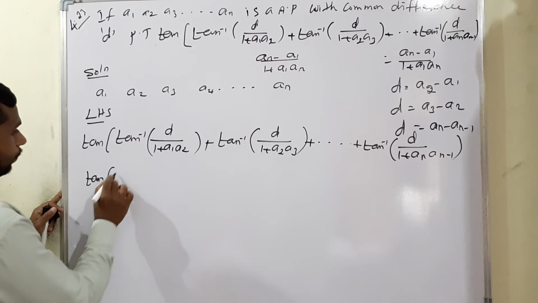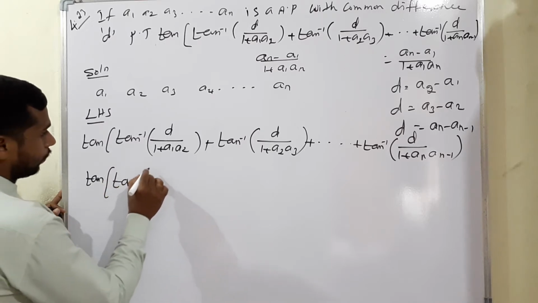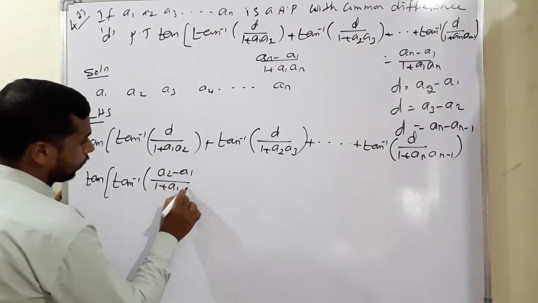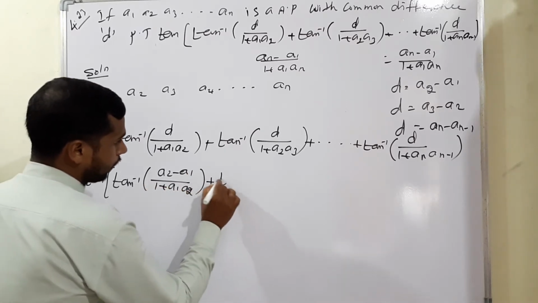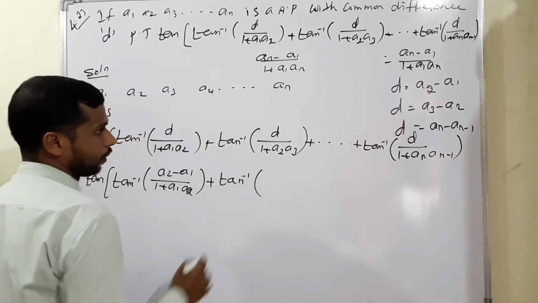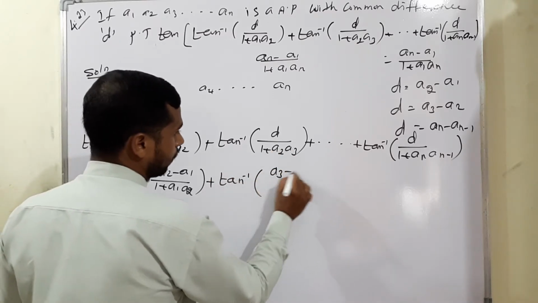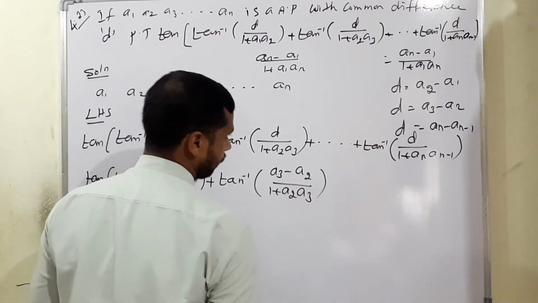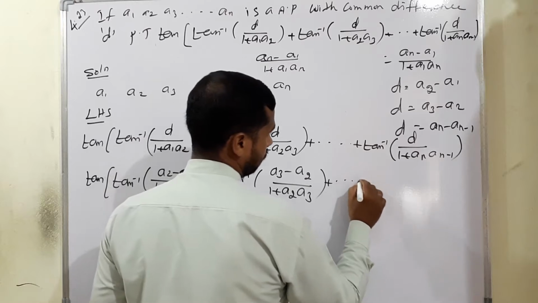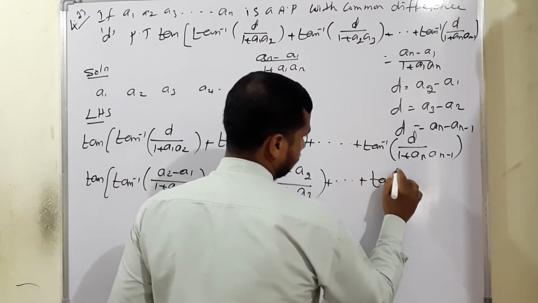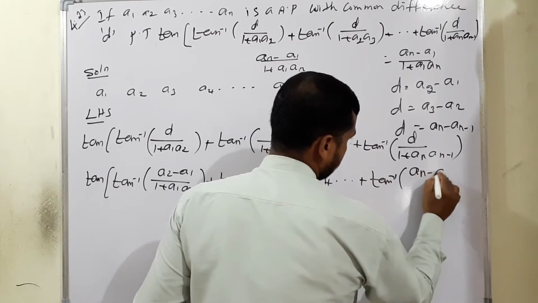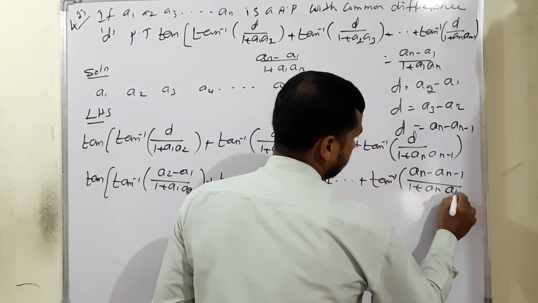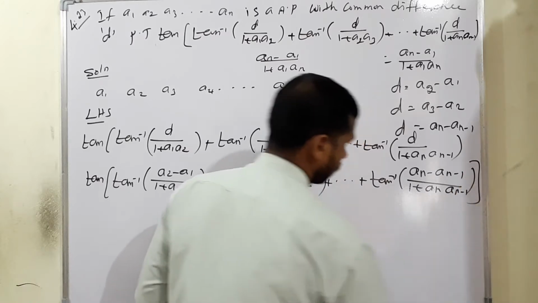So tan inverse a2 minus a1 over 1 plus a1 into a2, plus tan inverse of third to second, a3 minus a2 over 1 plus a2 a3, plus tan inverse an minus an minus 1 divided by 1 plus an into an minus 1.